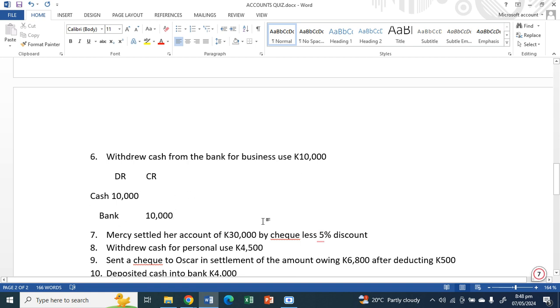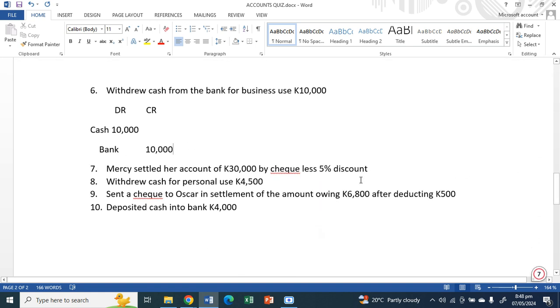So both these transactions are going to be in our 3-column cash book.